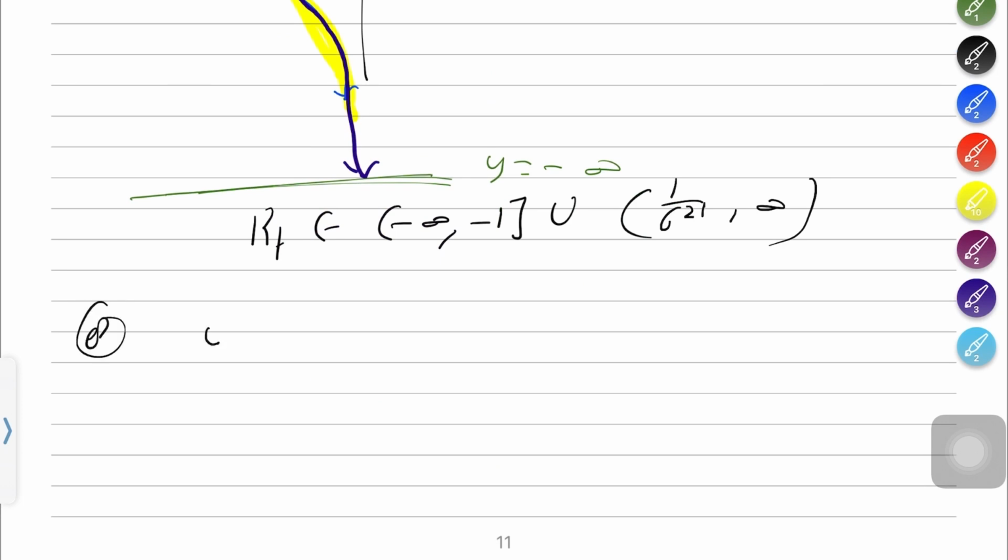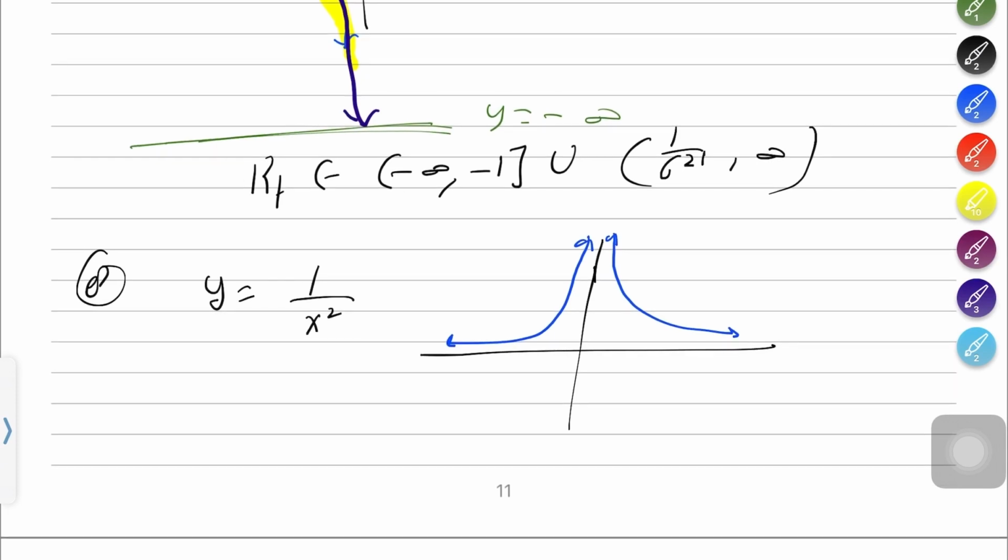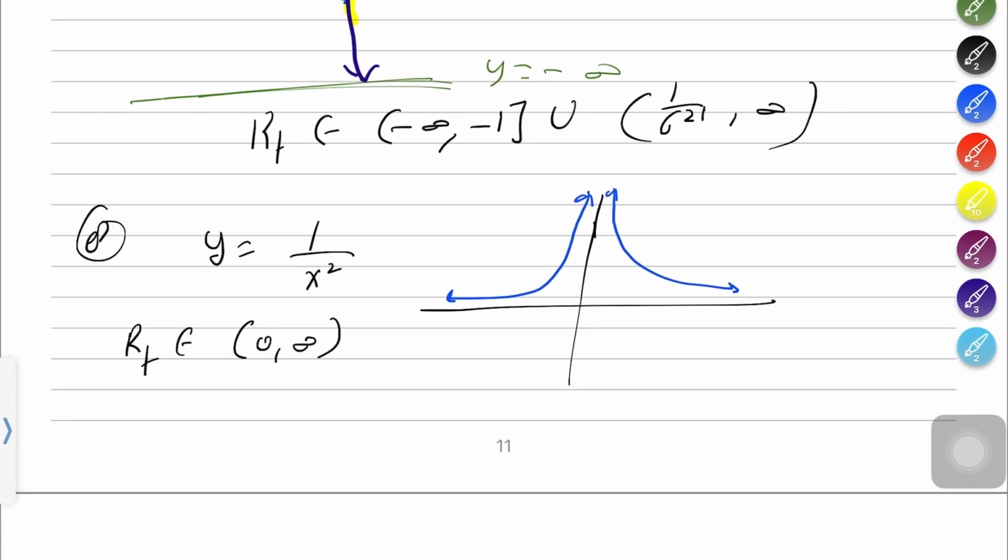Okay. Next, number 8. y is equal to x square. This has a graph like this. So if I talk about the range of the function, it is 0 to infinity. Open bracket at 0. We are never going to get 0.